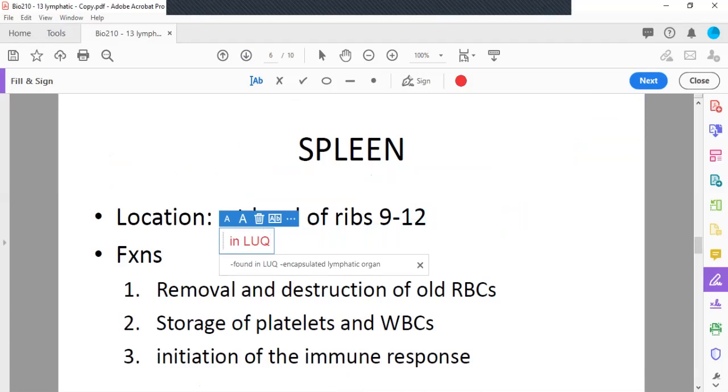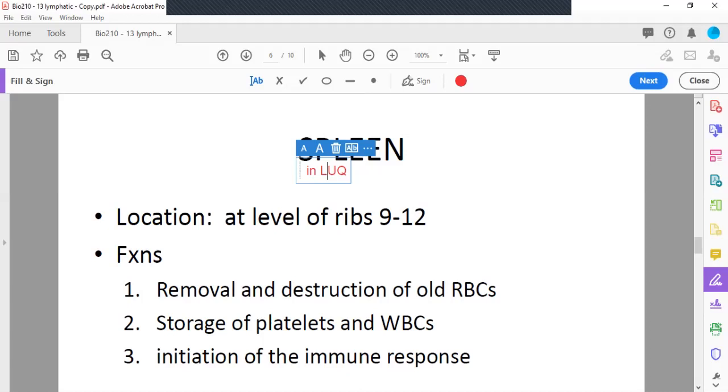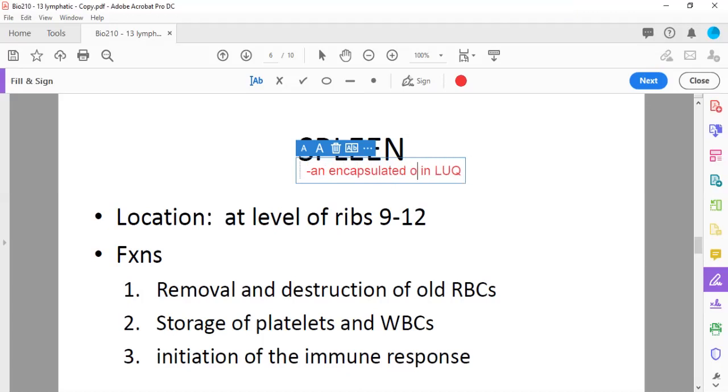So once again, the spleen is an encapsulated organ found in the left upper quadrant.